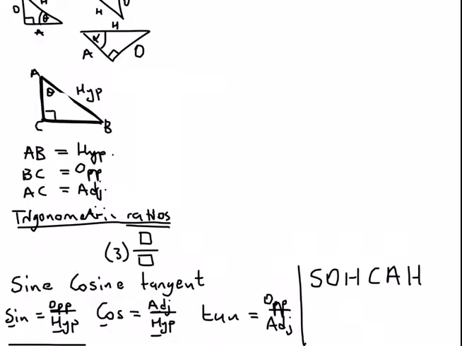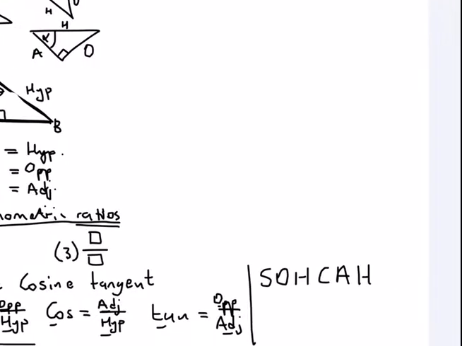Let's jump onto tan: T for tan, O for opposite, and A for adjacent.